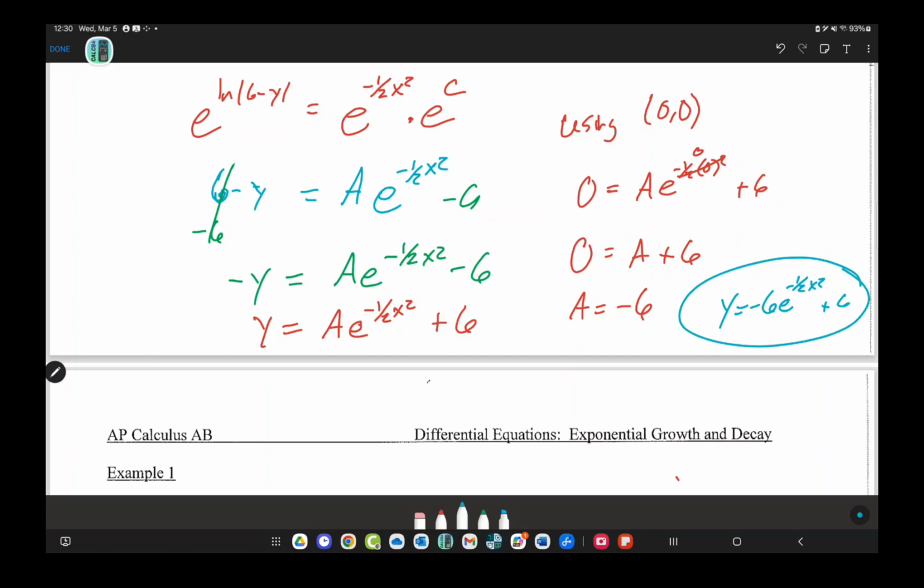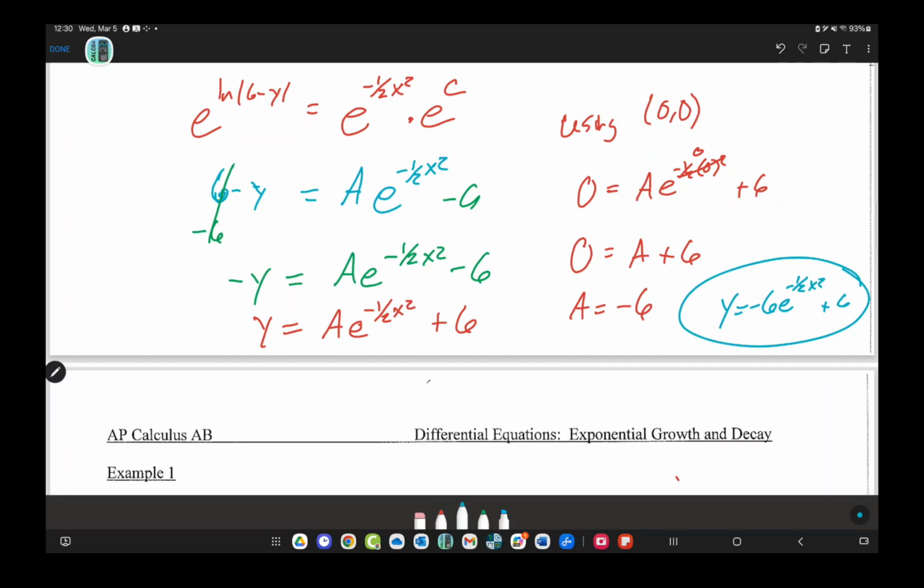Now, when are we able to change the sign of a? Since I have an actual value for a, if I multiply or divide by negative, I can change that sign. But I couldn't do that until later on. Here's the thing. If you left this negative a, you would have got a is equal to 6, which you would have left still as negative 6 e to the negative 1/2 x squared.